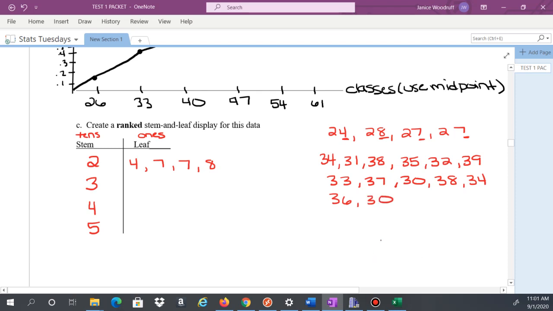So then, let's see, you've got 30, you've got 2 zeros. So you have a 31, you have a 31, so you'd have a 1. 32, you'd have a 2 as a leaf. 33 leaf. 34, you've got 1, 2, so you'd have 2 4s.